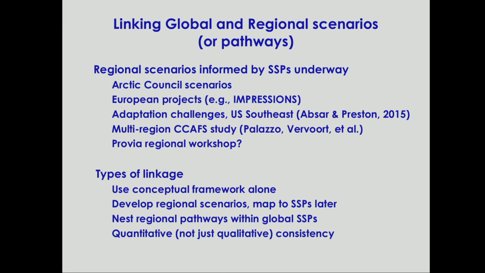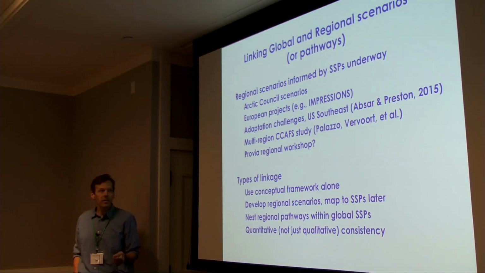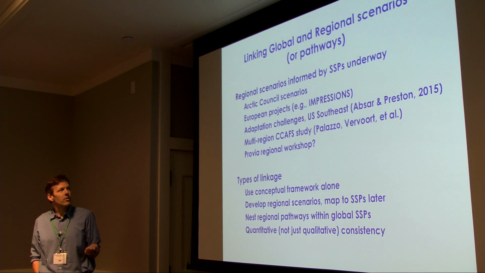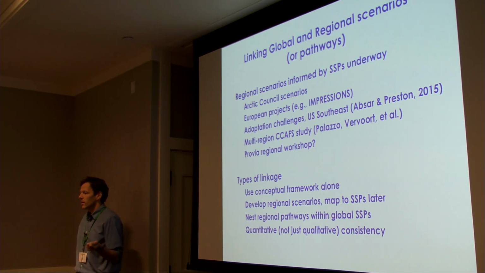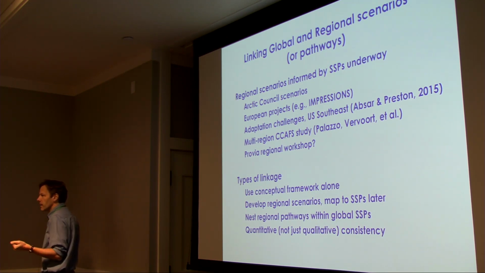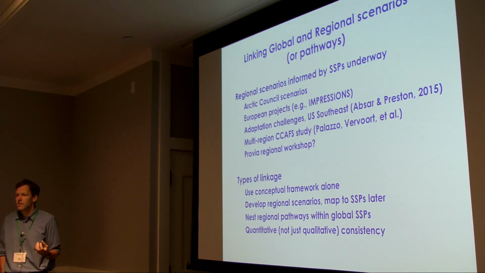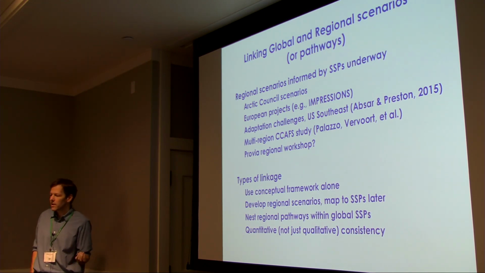Okay. Just as a point of information and something that can be looked into more, and maybe helping think about AgMIP connections between global and regional studies, scenarios, or pathways, whatever they may be. There are a number of activities that have either already done something like that or in which such a goal is underway. There's an Arctic assessment underway that is using the SSPs to develop Arctic scenarios.